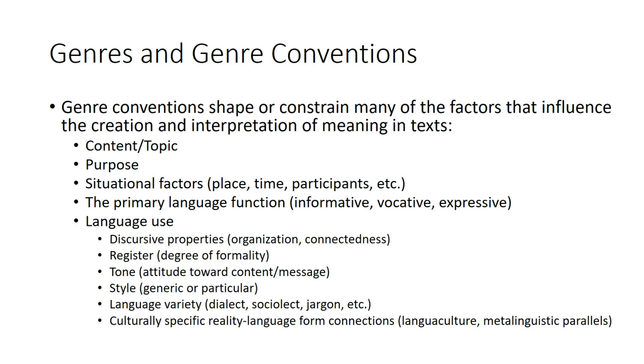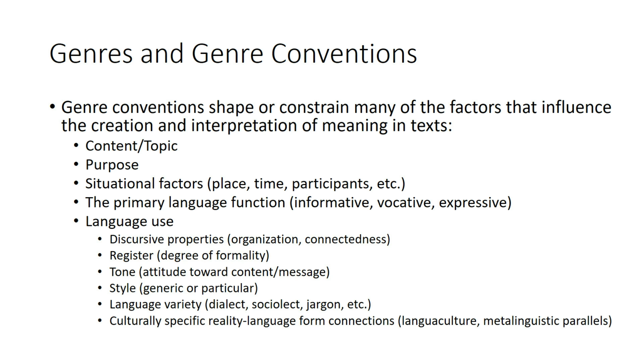Genre conventions also determine what the appropriate tone of a certain type of text is. The tone is the attitude toward the content or topic that the language used projects. So a description of tone might be something like, this text has a playful tone, this text has a serious tone, this text has a sarcastic tone, this text has a neutral tone, right?